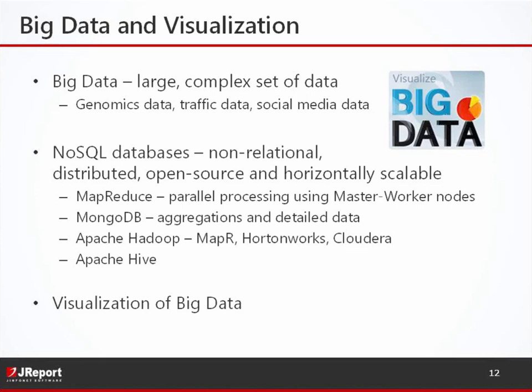JReport also supports Hadoop and its various vendors, MapR, Hortonworks, Cloudera, and so on. And we also provide support for Apache Hive. So the point here is, how do you make sense of the huge raw data that you have? How do you analyze, interpret, and present data in meaningful ways? The answer to that is visualization, and JReport does a good job at big data visualization.